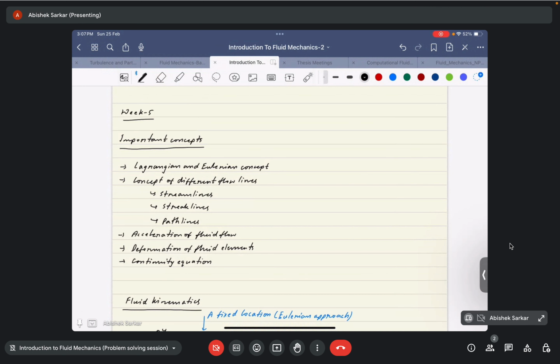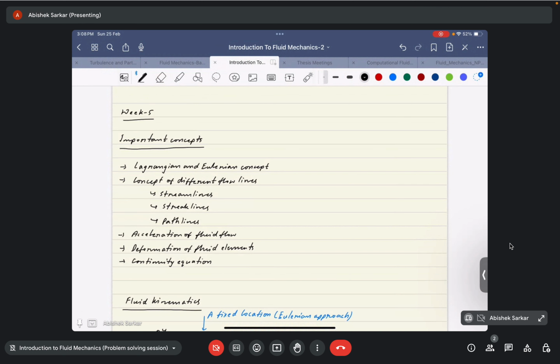The fluid visualization techniques will not be discussed thoroughly in this course, but the primary concepts, that is the streamlines, streak lines and path lines, will be discussed in today's session, and how they are different, and under what circumstances they are the same, will be revisited.